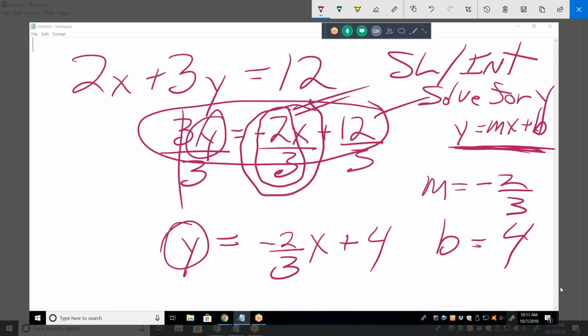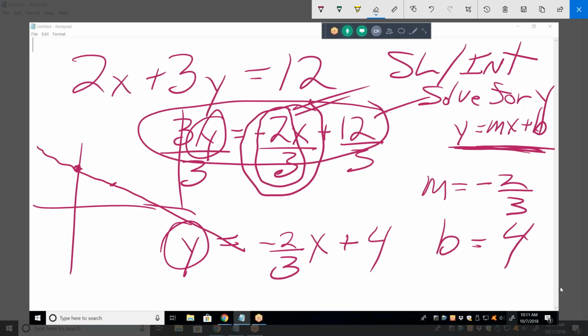Okay. So if I'm graphing that, I'm going to start at 4. I'm going to apply a slope of negative 2/3, which means I'm going to go down 2 and to the right 3. And there's my graph. Okay? Now, that was doing it by the slope-intercept method.